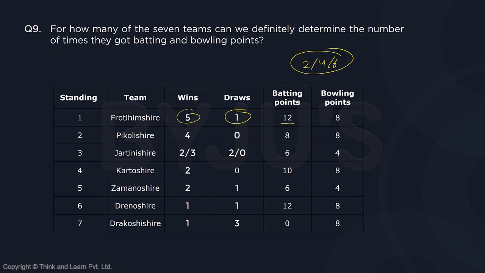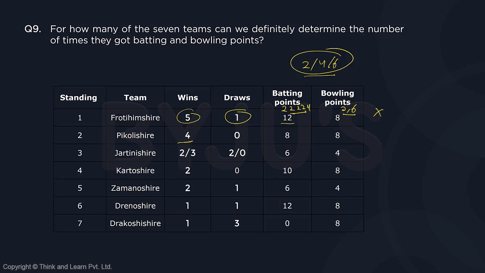I mean, I can get batting points 6 times or 5 times or 4 times also, depending on the values, if you are considering that at least one of bowling and batting points must be there. So let's say if I give 2, 2, 2, 2, 4, 5 matches we have awarded. So I can award, let's say, 2 and 6 for the bowling points. So all the 6 matches will be covered. But this can be anything, right? So I'm not sure about F, how many times it was awarded batting points or bowling points, right? So this is ruled out.